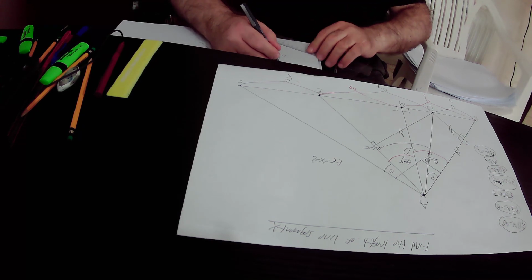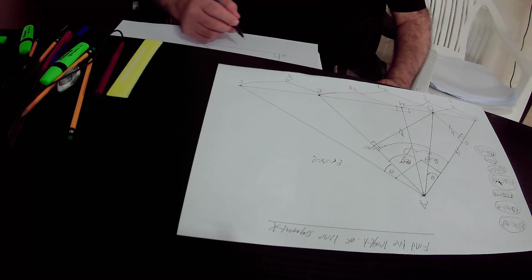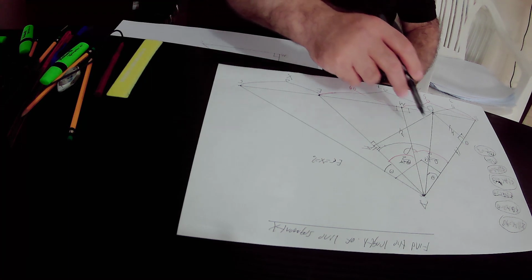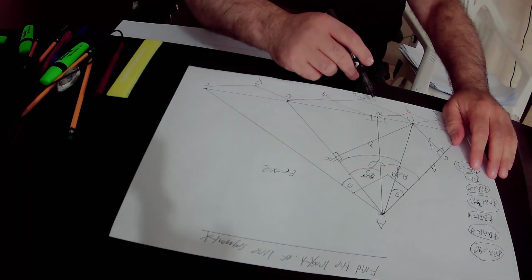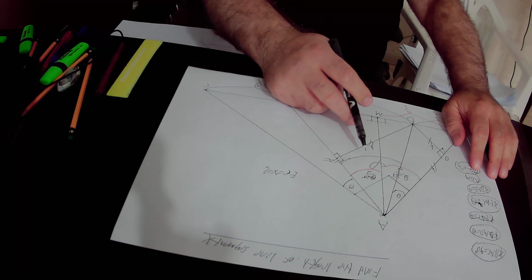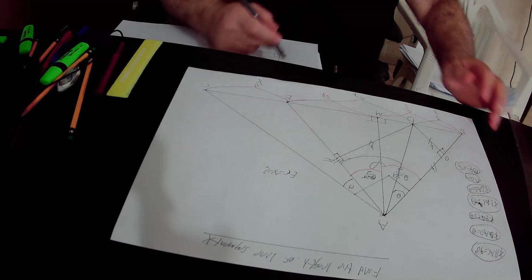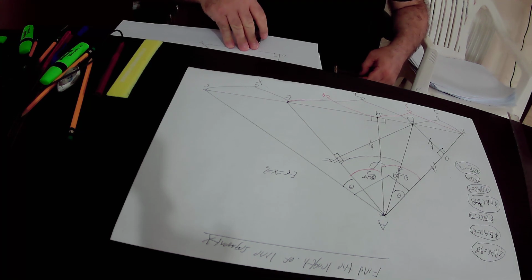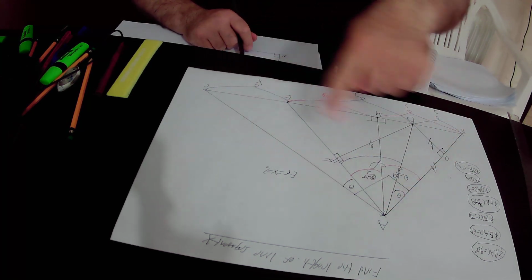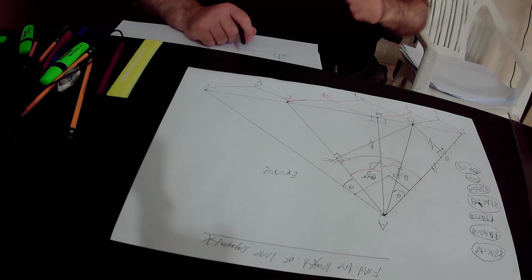Side AM equals H according to our definition. And what is the value of angle MAC? From the drawing, it is very easy to see that angle MAC is theta plus alpha over 2 plus theta.